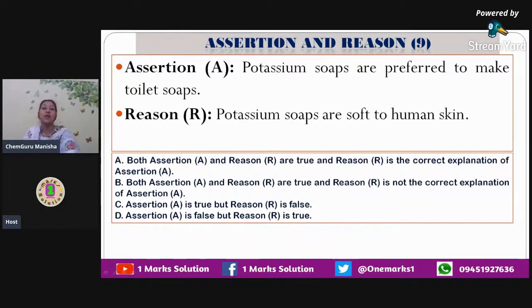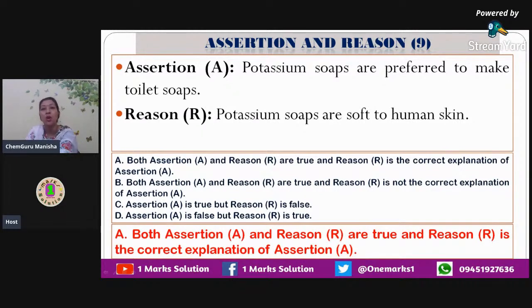The ninth statement that we have is: potassium soaps are preferred to make toilet soaps. That is true because sodium is a little harsh, while potassium is slippery. So you can make toilet soaps with that, because toilet soaps are the soaps which are only used to wash hands, right? You are not using it on your body or your face. So you can use it for hands and so on. They are soft to human skin also.